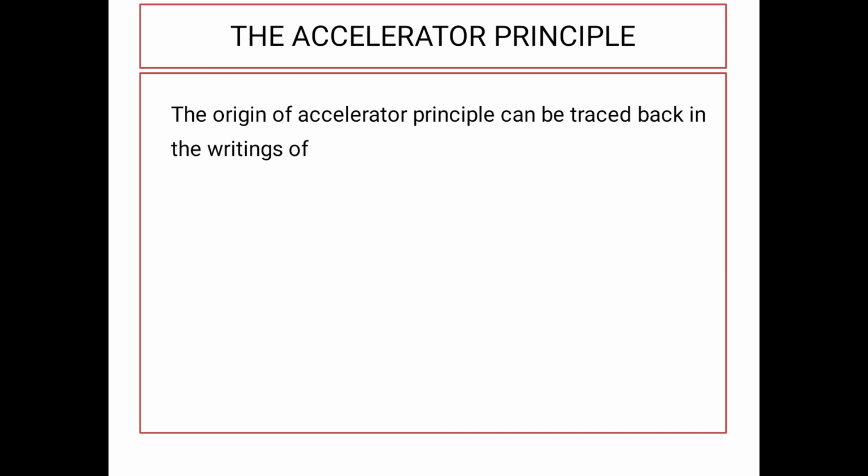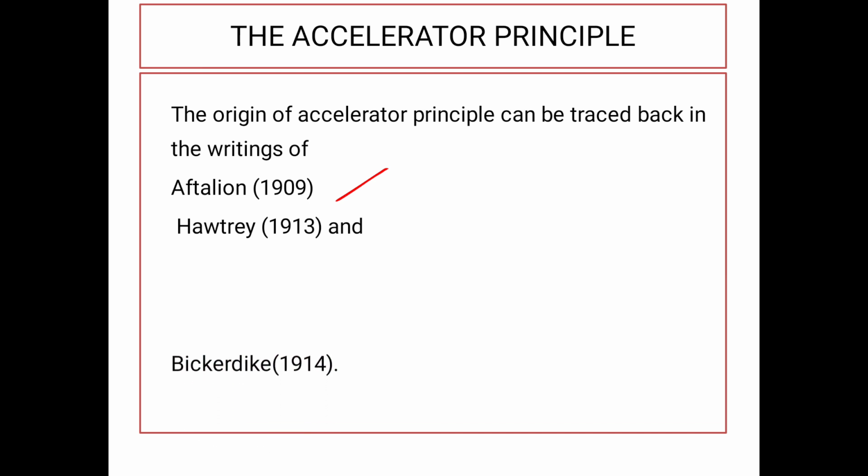The original acceleration principle can be tracked back. Let us see who has given the accelerator concept. Albert Aftalion in 1909. After that, it was Hawtrey, then Bickerdike in 1914.